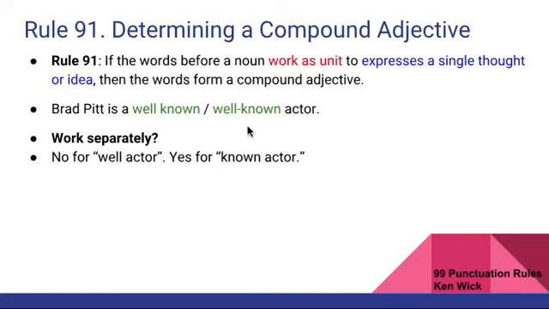But can you say known actor? Is Brad Pitt a well actor? No. Is Brad Pitt a known actor? Yes. So can they modify the noun independently? No for well, and yes for known.